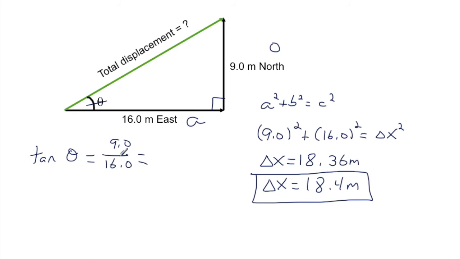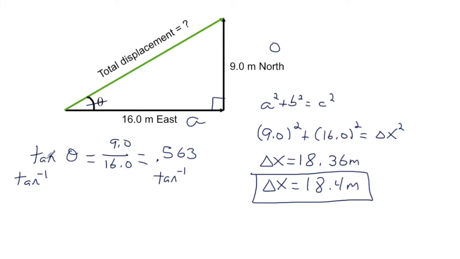So if I work out that math, first off, 9 divided by 16 is 0.5625, so 0.563. To get theta by itself, I need to take the inverse tangent of both sides.